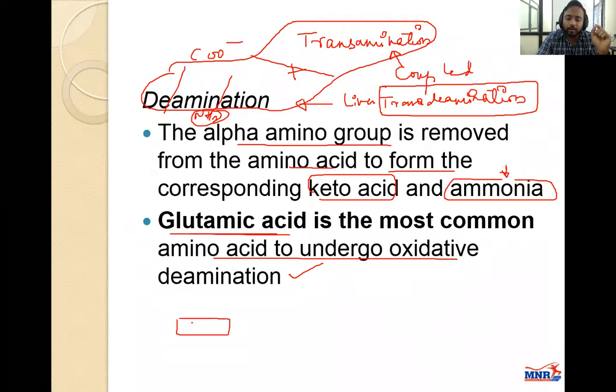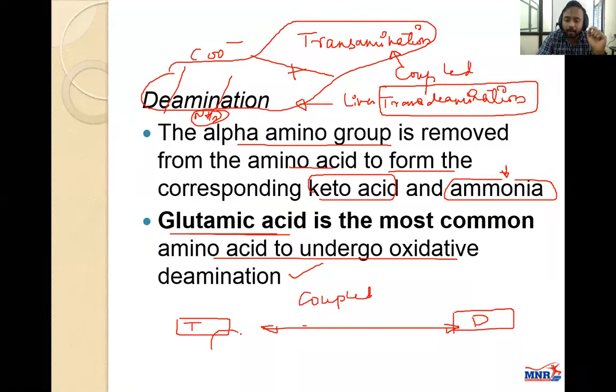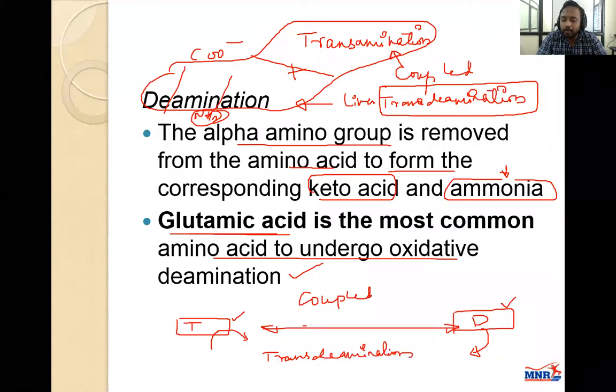For example, here the transamination reaction is occurring, and here the deamination reaction is occurring. Physically they are far from each other, but reaction-wise they are coupled, because whatever is getting transaminated is also getting deaminated. That is the reason why they are called trans-deamination reaction, where both are physically distinct, physically far, but they are coupled reactions.